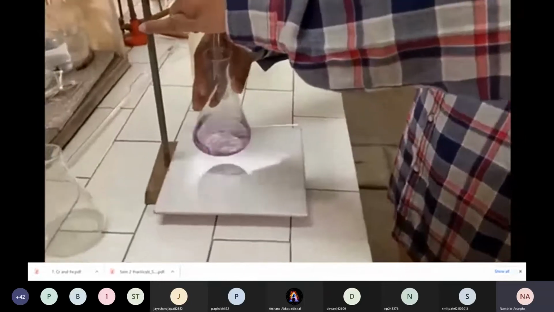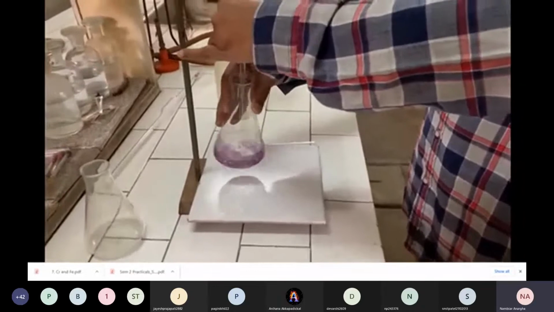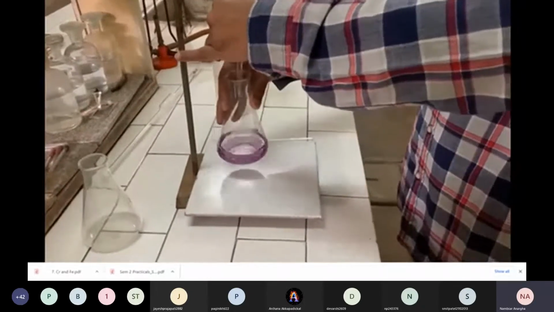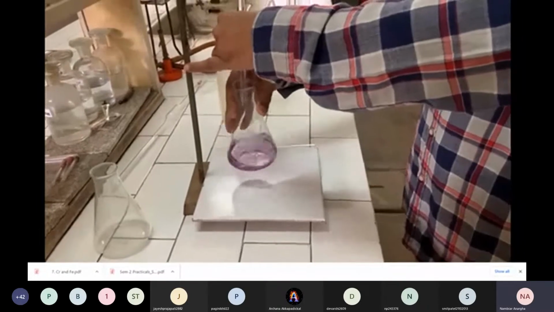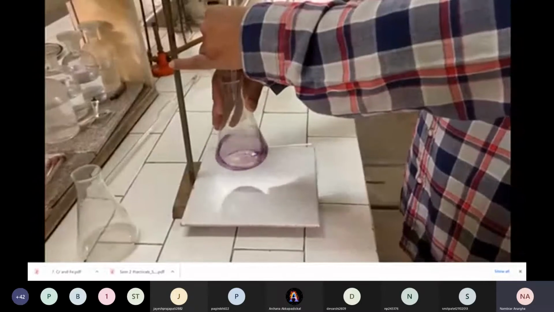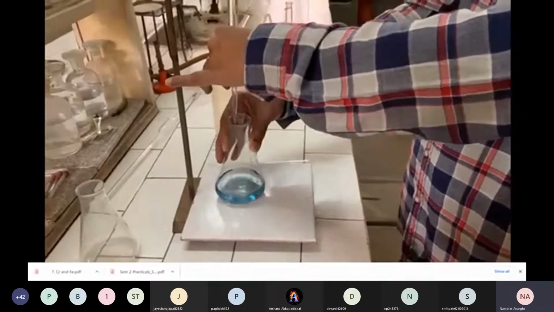Let us add slowly with constant shaking. You will know that the end point is approaching. The color slowly becomes light. Right. Now it is complete.